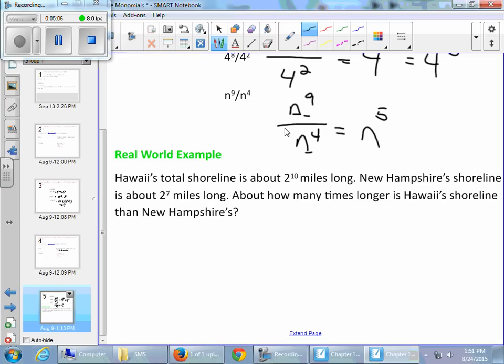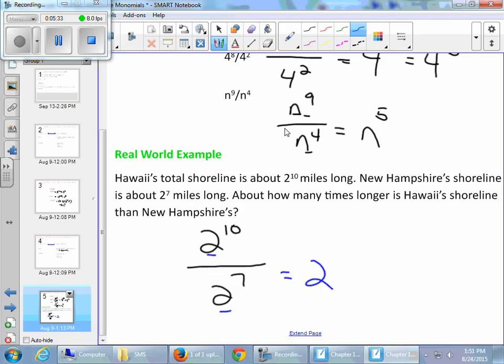So what we're going to have to do here, if we're going to divide, we're going to divide 2 to the 10th by 2 to the 7th. And what do we do when we're dividing and the bases are the same? Our base stays the same, so our answer is going to have the base 2 in it.